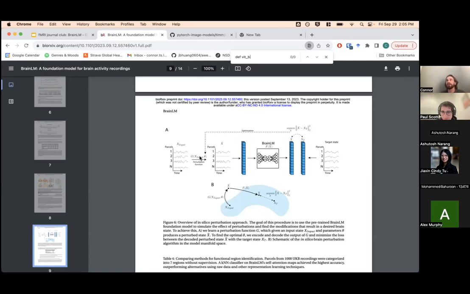At a high level, I really love that idea, and I think there's a ton of potential to explore different directions around what can you do with a generative model or simulator for functional brain activity.